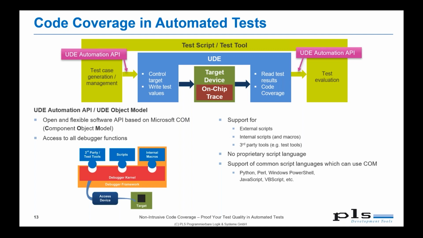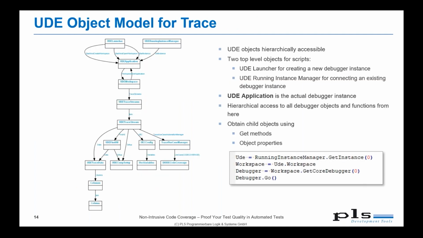Because of the time and because there are webinars also available about the object model, I will not go into the details of the object model, but a few words about that. The object model in UDE is composed out of a set of objects, as the name says. The objects provide interfaces that give you access to almost all the debugger functions.